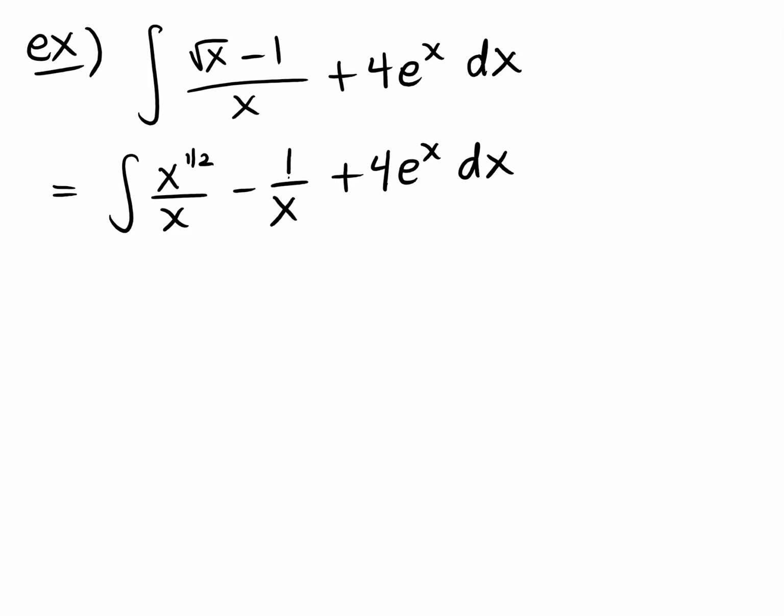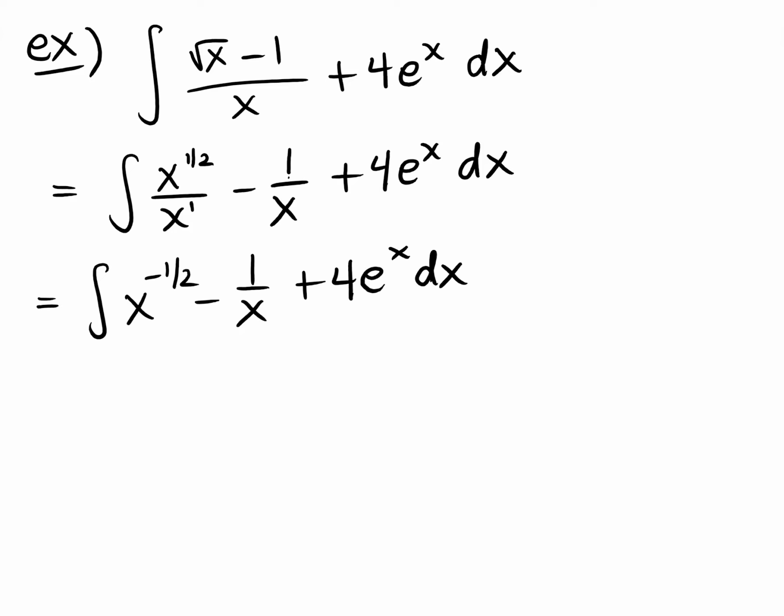And a 1 over x is natural log. It's not the power rule. Okay, so let's simplify this a little bit. Now you can't just take the antiderivative of this term and not do it over here. So I'm going to rewrite this really quick. If I subtract those, that's going to be x to the -1/2 minus 1 over x plus 4e to the x dx. All right, so now we're raring to go.